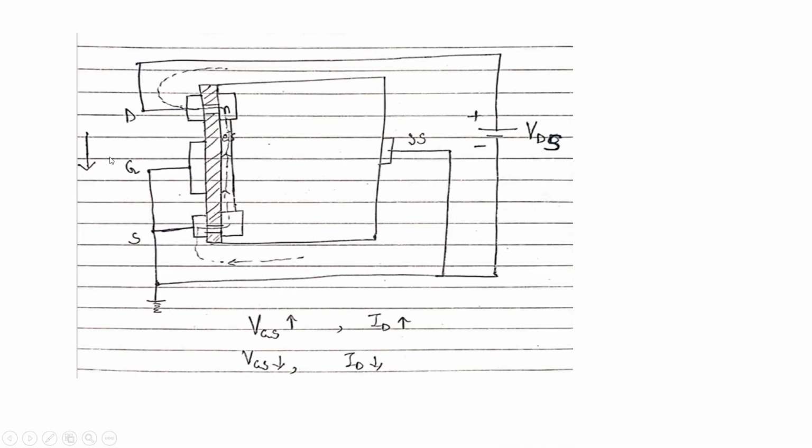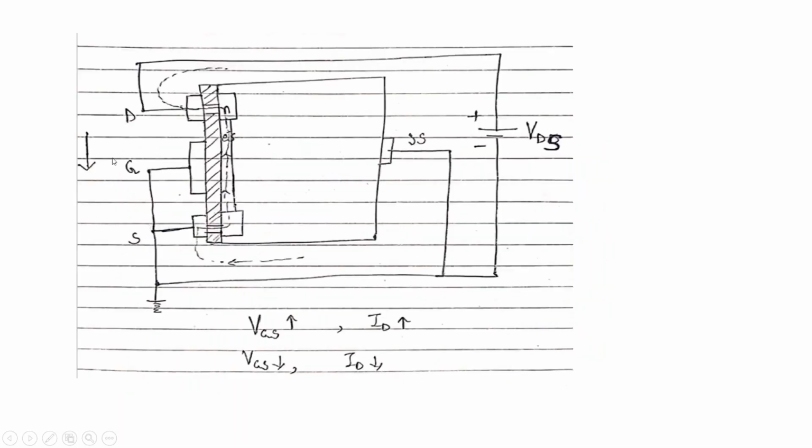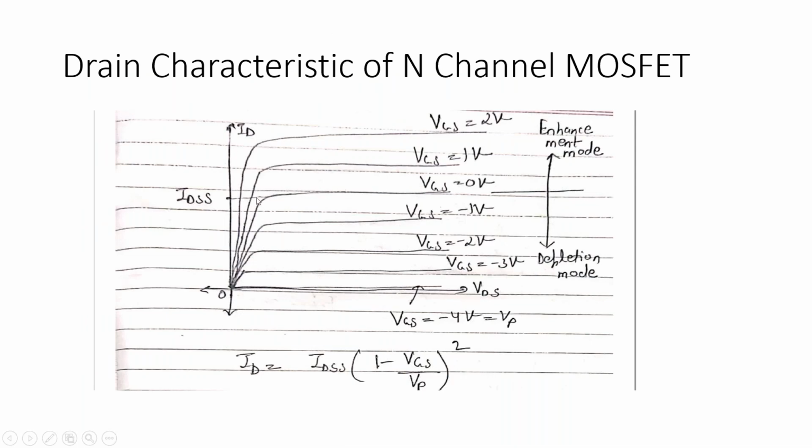When we apply positive gate to source voltage, it attracts electrons, so the free electrons available for conduction will increase, thereby ID will increase. So with increase in VGS, ID is increasing.